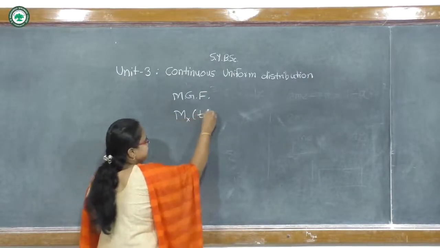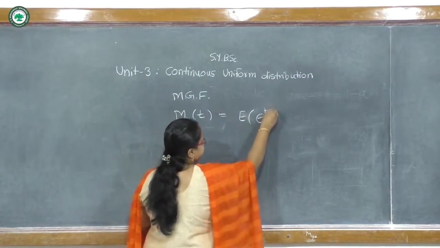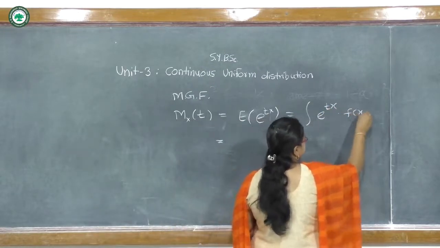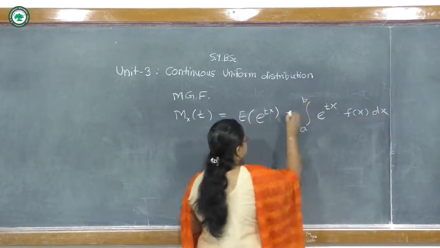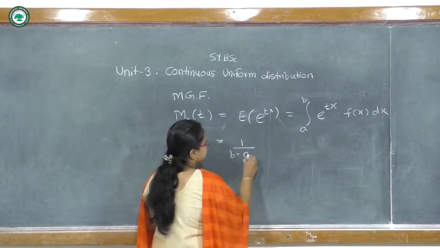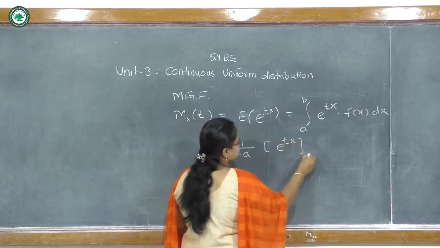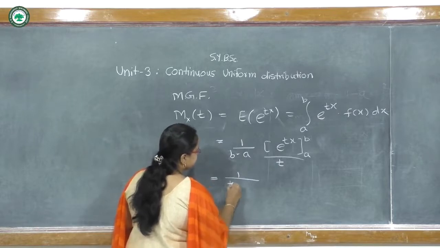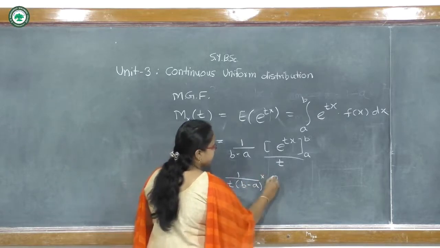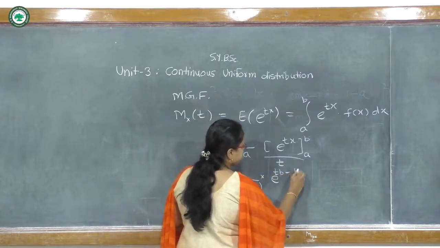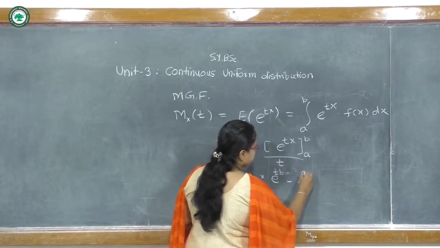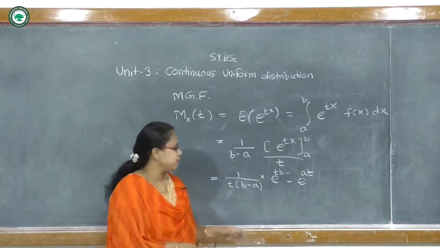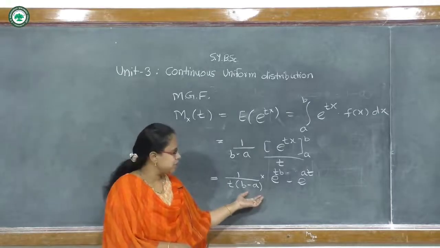So M_X(t) equals, by integration, this is the MGF of the uniform distribution, and from this MGF we can find its moments also, mean and variance.